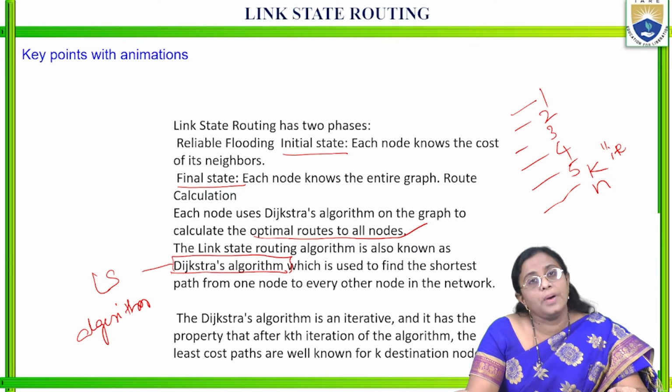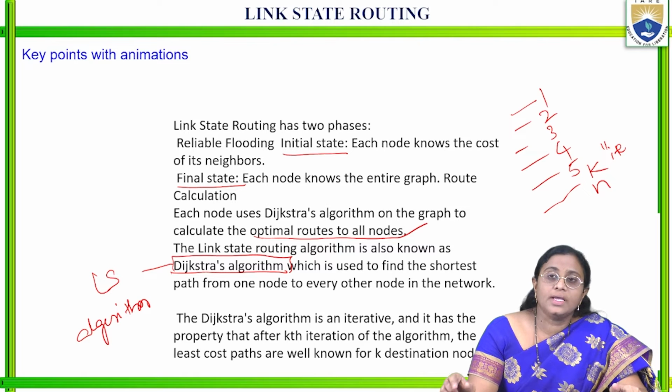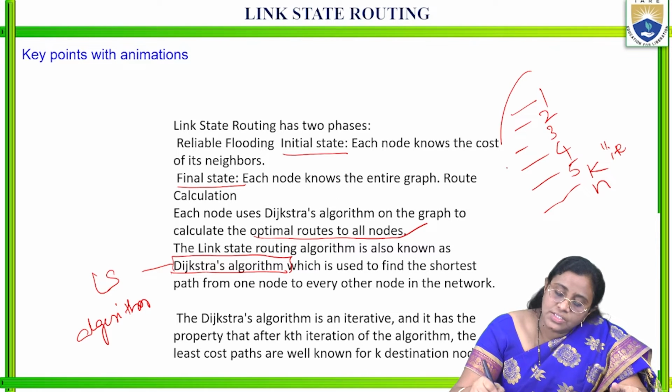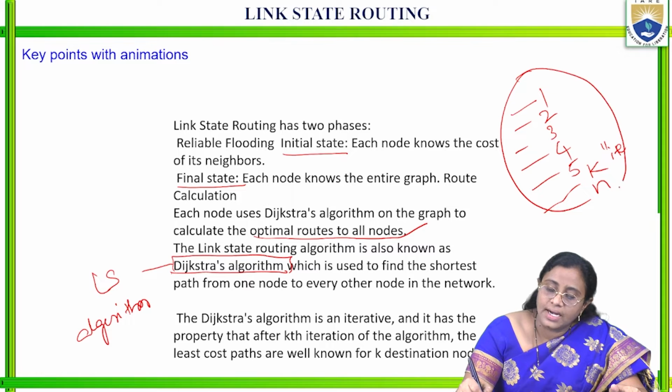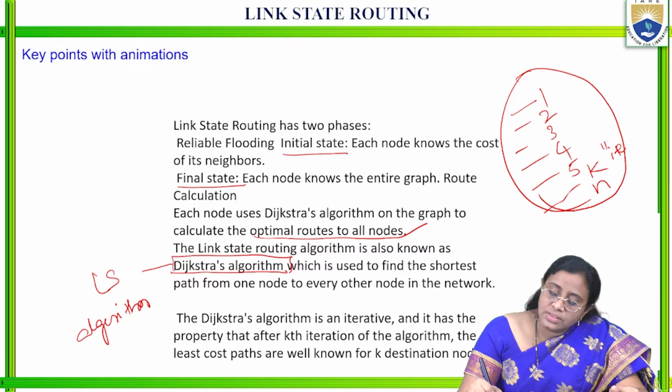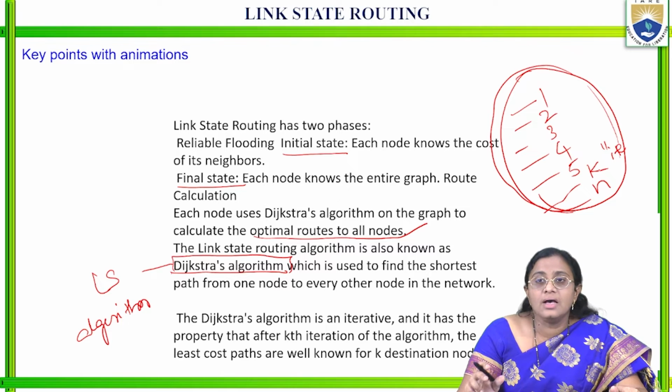One iteration, second iteration, third, fourth, fifth, up to k or n iterations, until it is over. Out of all the iterations, the path will be selected, and after the completion of all the iterations, the destination nodes will be determined.